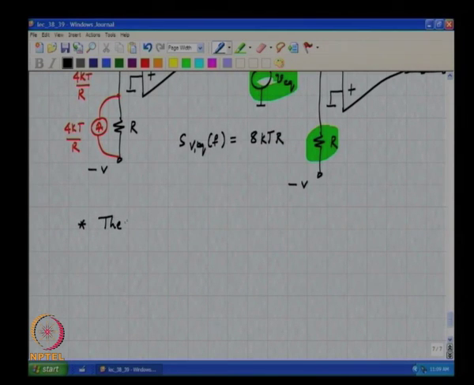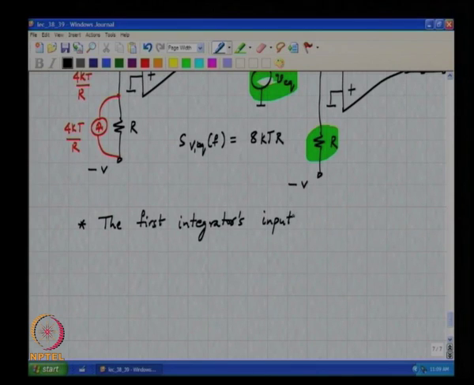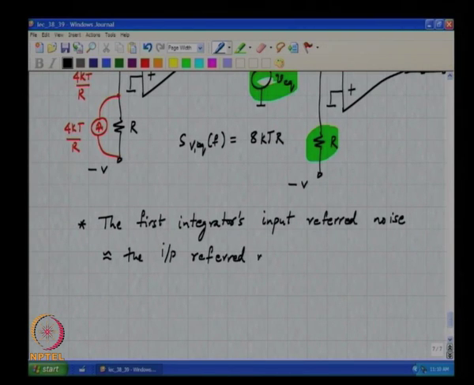The first integrator input referred noise is approximately equal to the input referred noise of the modulator.